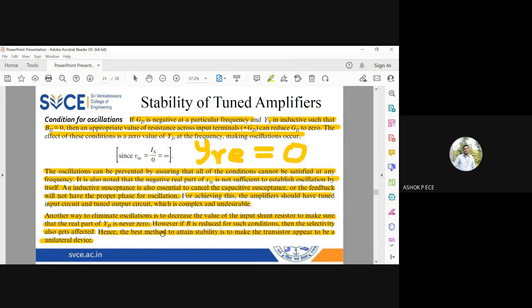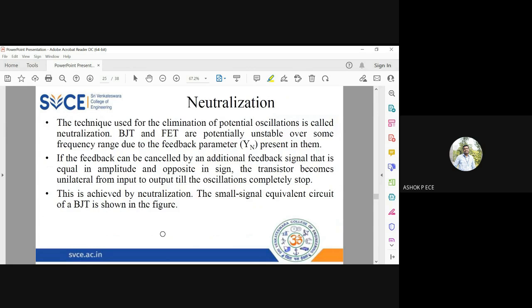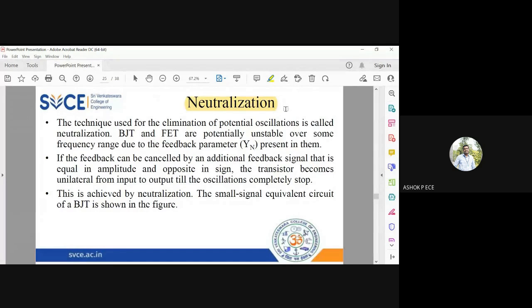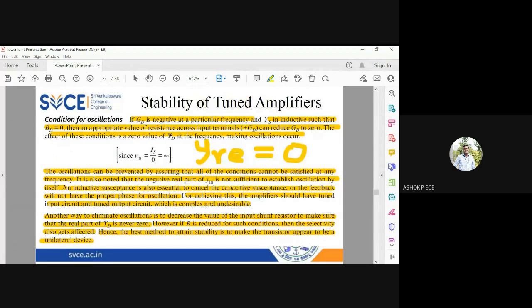So for that only, we are going to go for a separate new technique called the neutralization technique, which will help us in eliminating the potential oscillations which are possible in a tuned amplifier.